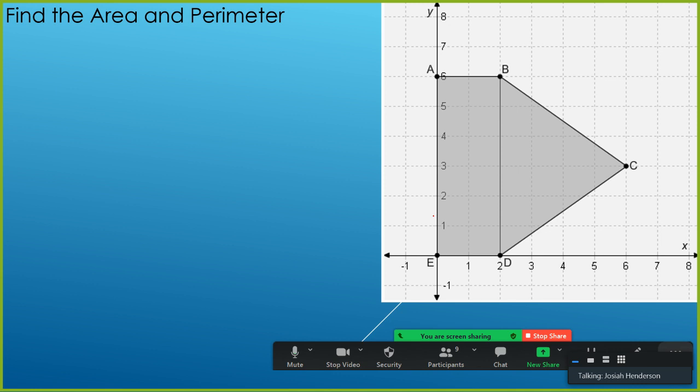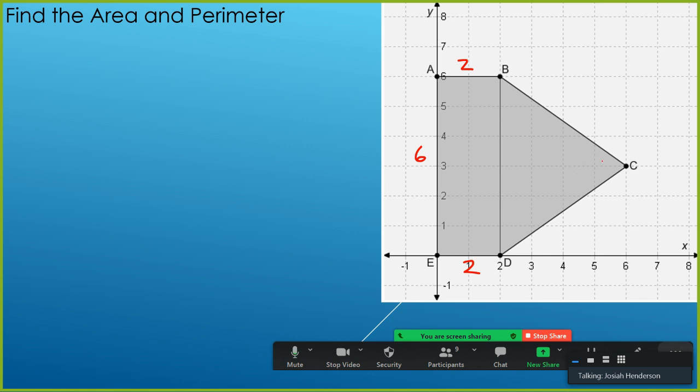So AE looks like that is 6 units. AB is 2. ED down here, that's 2 units. And then we've got 2 diagonals that we'll have to find.